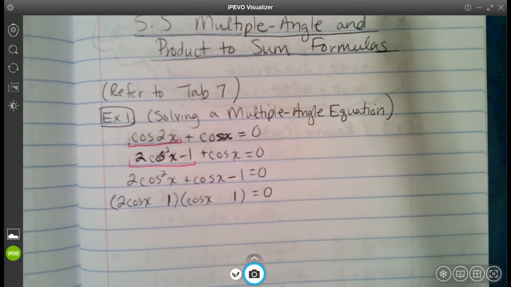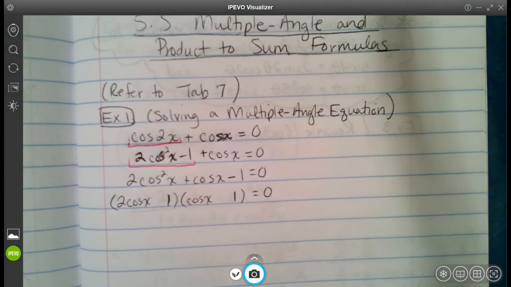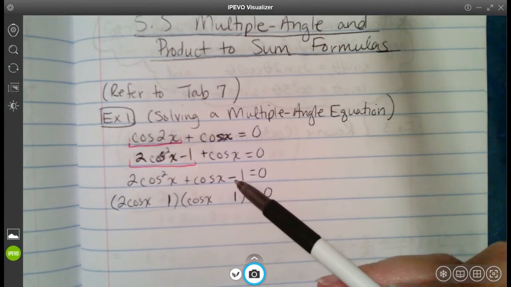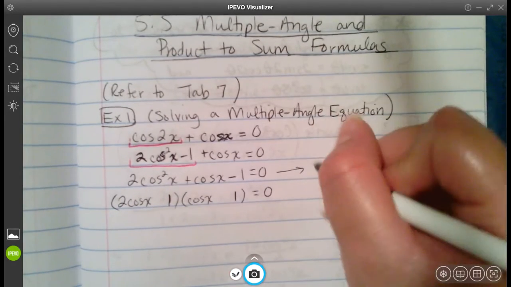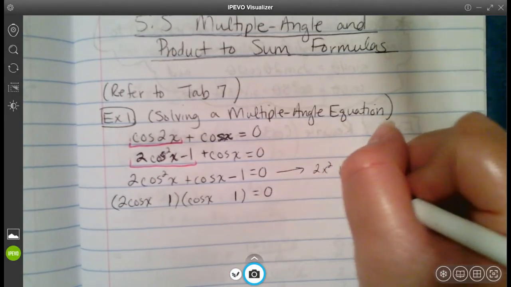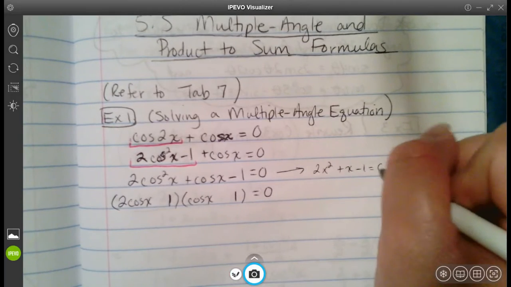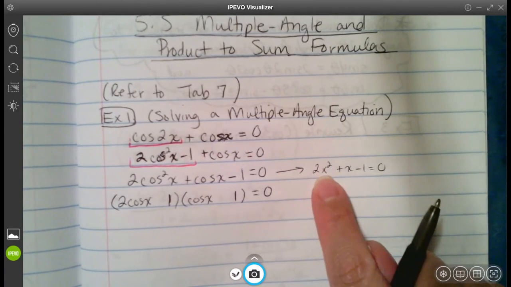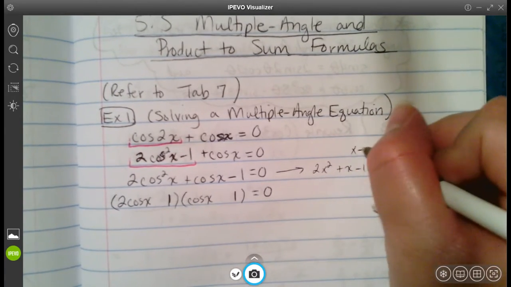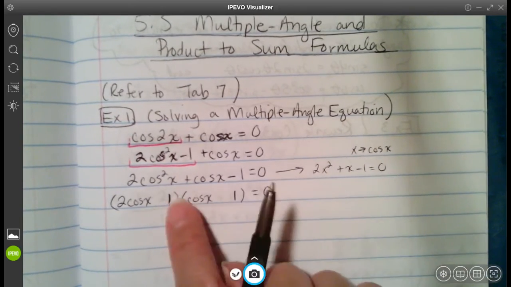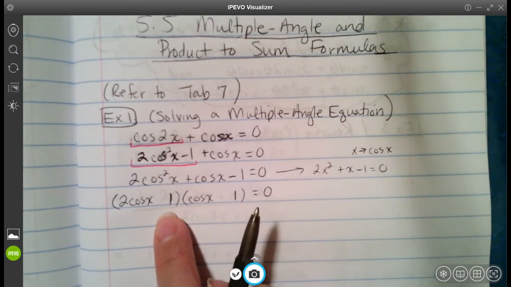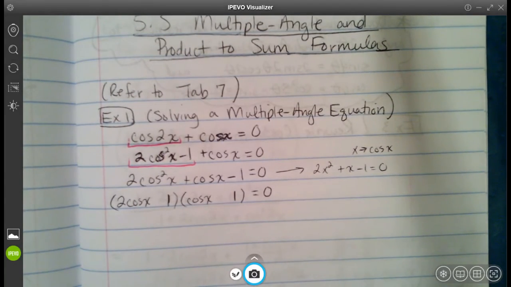Now what I need to figure out is which one of them is going to be negative. Let me do a side note here. This is what I'm visualizing right now, where x is kind of like your cosine x. So that's all that we're doing here. We're factoring this, but with cosines. Not a huge deal.